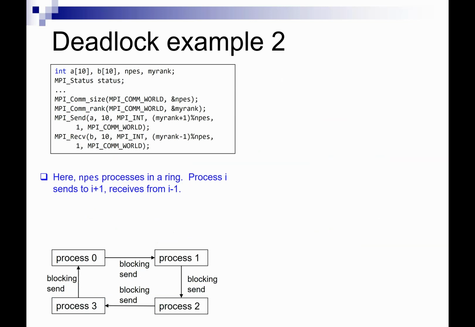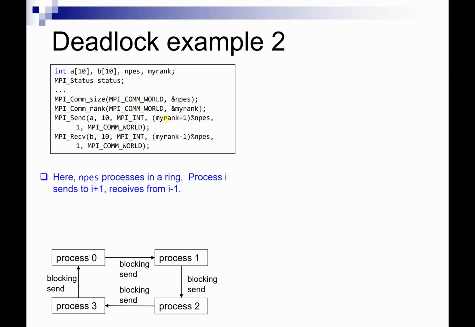Another example is where suppose we have several processes and they're connected in a ring. What we're trying to do is each process I in the ring is trying to send to the next process I plus 1, and it wants to receive a message from the previous process. A simple way to write this program would be: I'm going to send 10 integers to the next process.